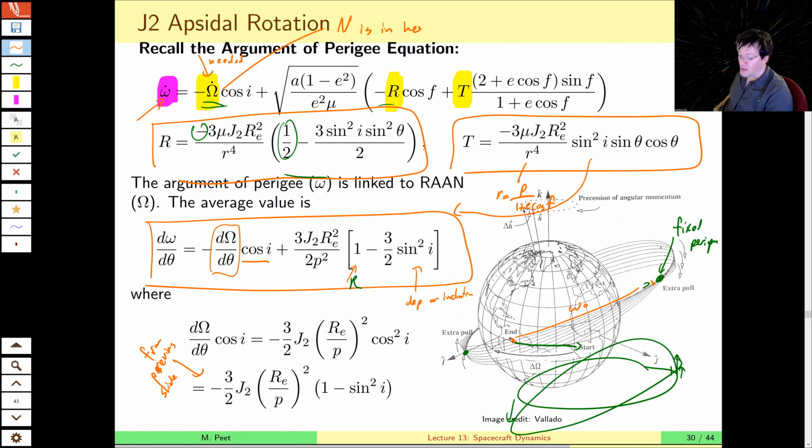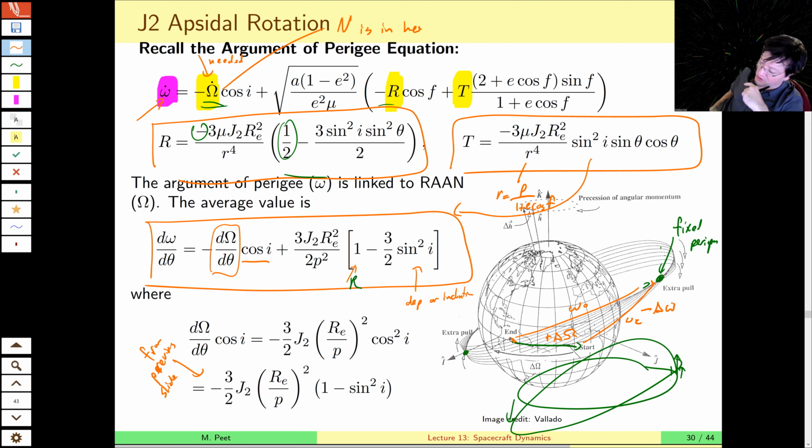If your right ascension has changed, that angle has changed from this length to this length. That's a positive change in delta omega, and the effect on the measurement to this point of periapse is that this angle is decreased, a negative delta omega.